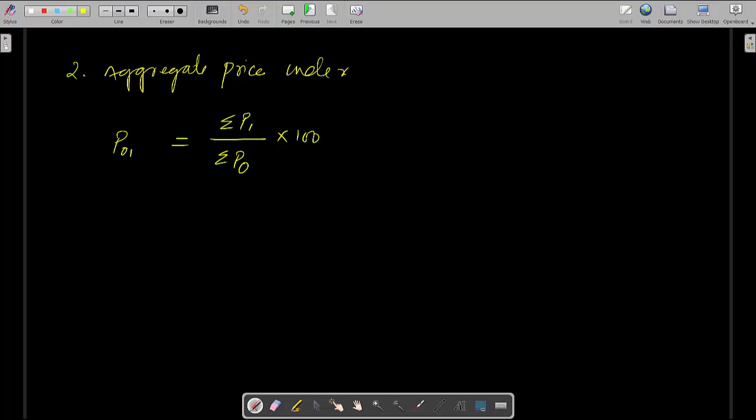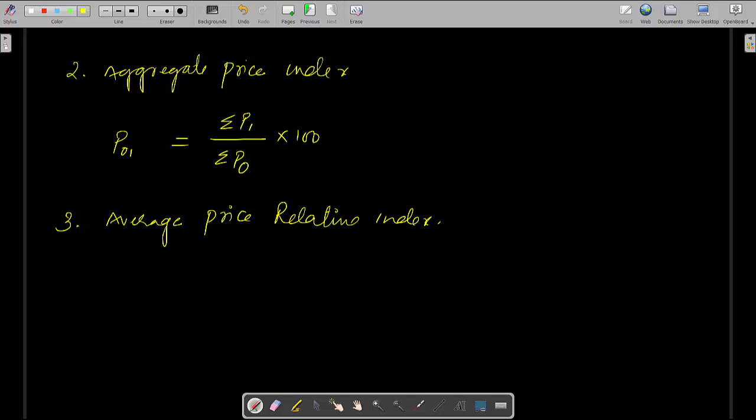The third one is average price relative index. Once I'm done with the formula, we'll start calculating the sums.